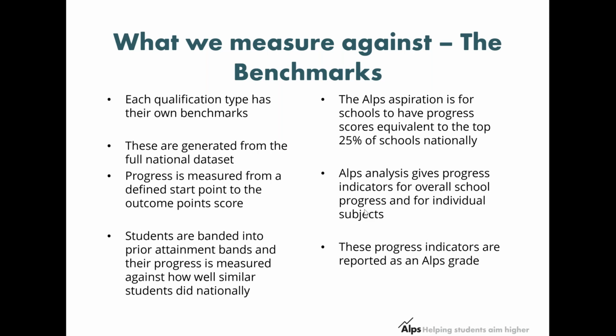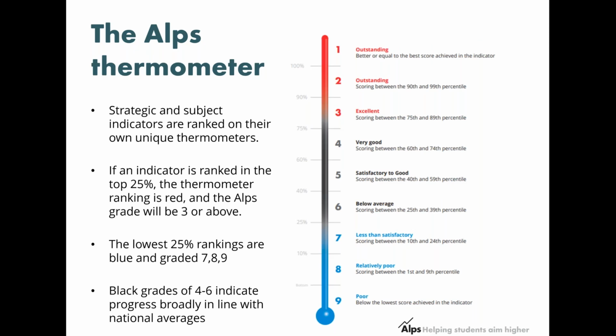And here they are. So there's the thermometer for the first time. So every single indicator in the Alps report is mapped onto a thermometer such as this one. You can see then the colors that I'm talking about, right?